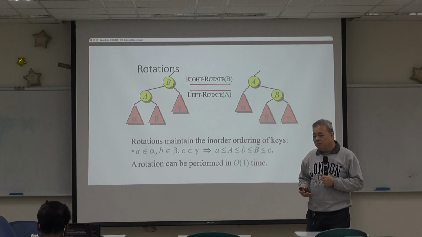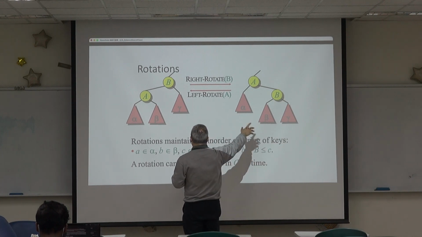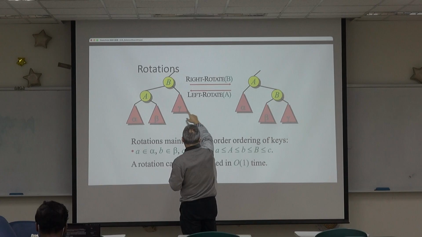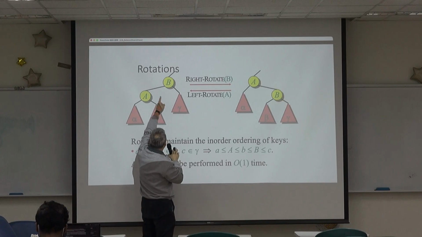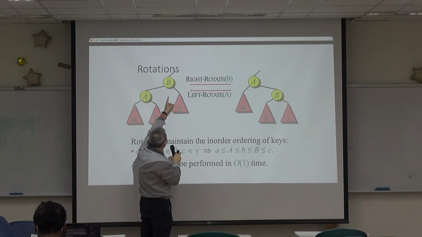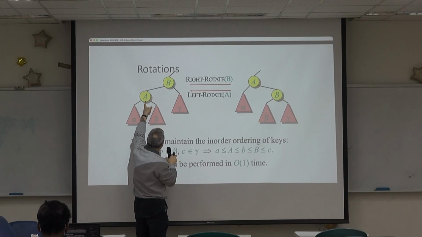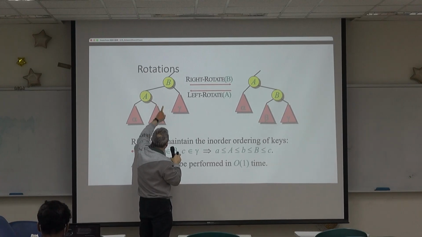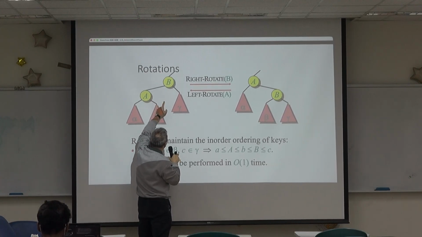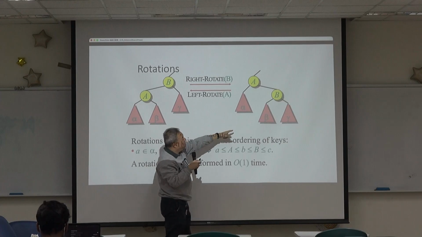Because from left to right, you need to promote node A, and so you basically assign the parent of B to node A, and then change the parent of B to point to node A, and then change the left child of node B to the right child of node A to here.